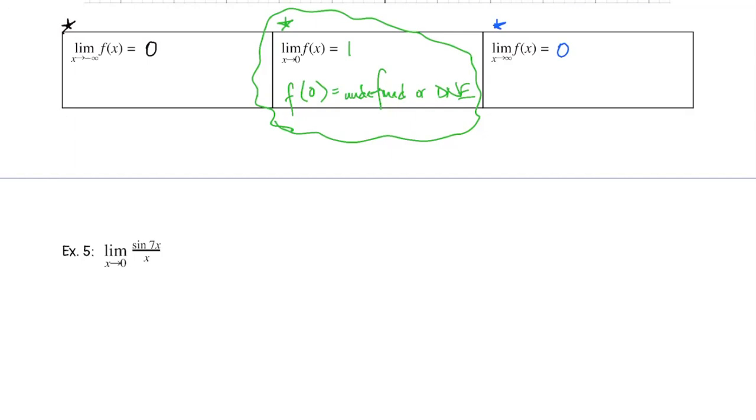If I were to rewrite the expression for that green one, I would say the limit as x approaches 0 of my function, sine x over x, equals 1, because that middle part of the function gets really close to a y value of 1.